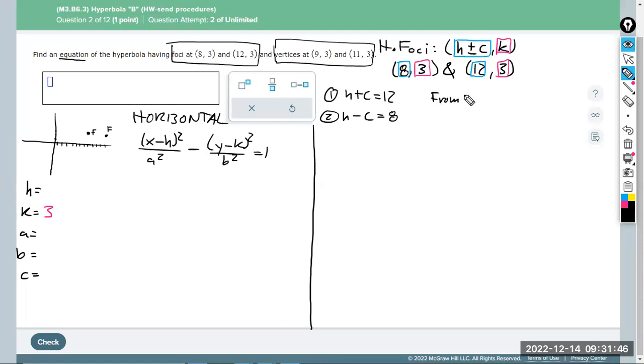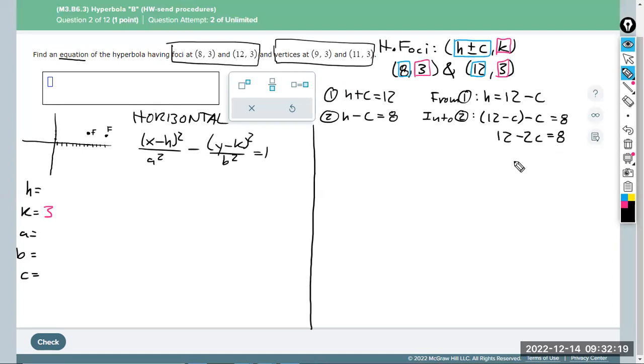From equation 1, we want to solve for one of the variables. In our case, it looks like this. And we're going to plug that into equation number 2. Instead of writing h, I'm going to write 12 minus c, because that is information from the first one, minus c equals 8. All right, and then 12 minus 2c equals 8.